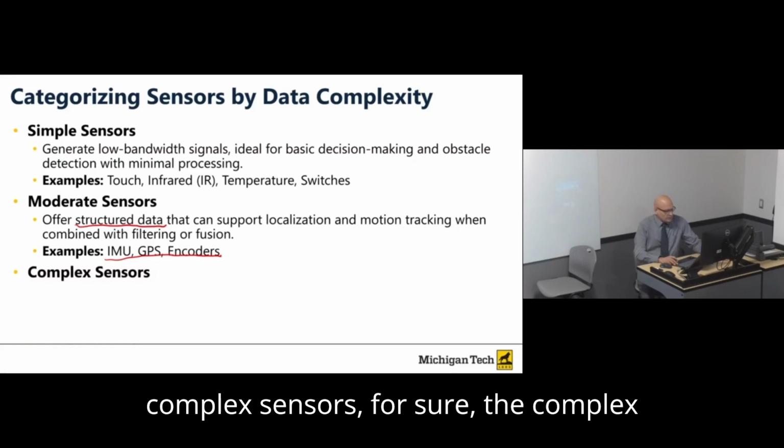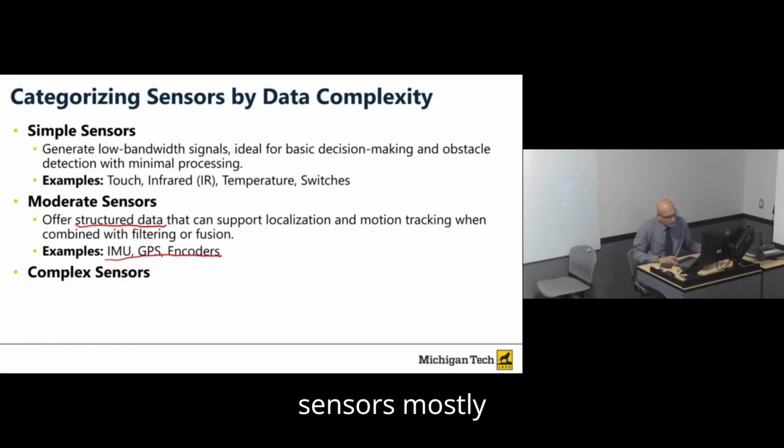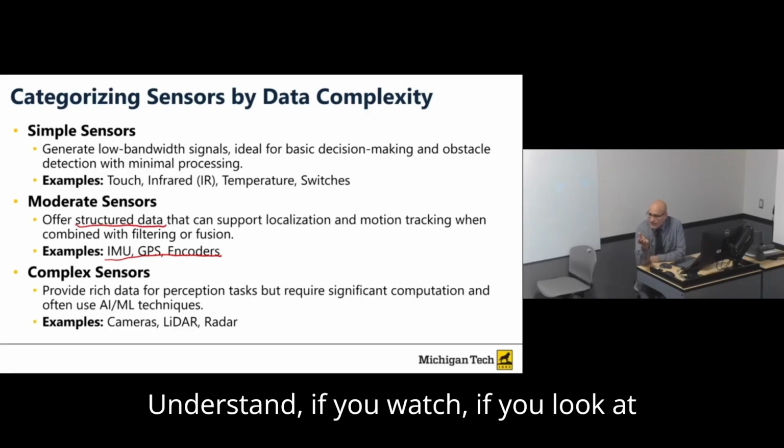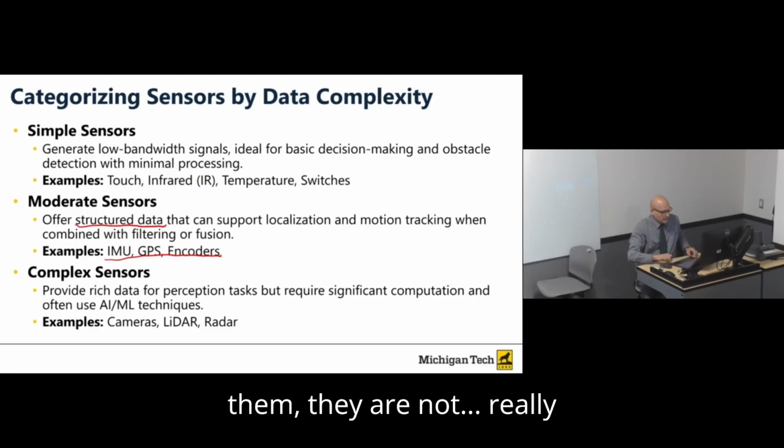And complex sensors, for sure, mostly give you rich data, lots of data that is even hard to understand. If you look at it, it's not really understandable.